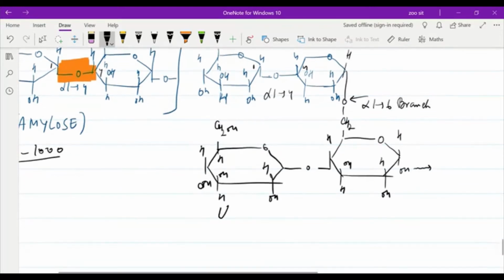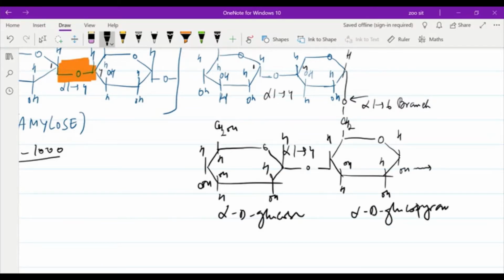So this is alpha-D-glucose. It's an alpha-1,4 glycosidic linkage, with H here and H here. This is alpha-D-glucose.